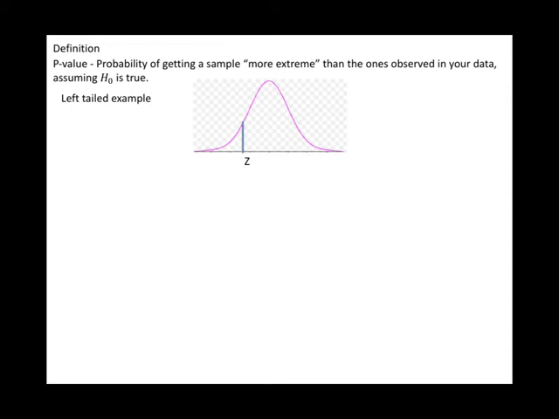So when we say the p-value is the probability of obtaining a sample more extreme than the ones observed in your data, what I'm basically saying is that this value of z comes from my sample data, so all the values here are to the left and more extreme than this one.